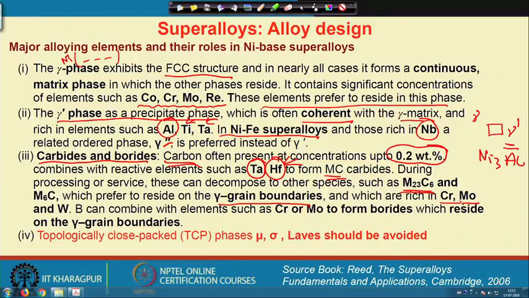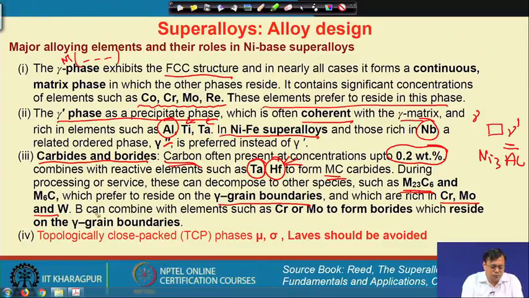Chromium, molybdenum and these elements are used. However, sometimes boron is also used, which will form borides with chromium and molybdenum, and reside in the gamma nickel grain boundaries.